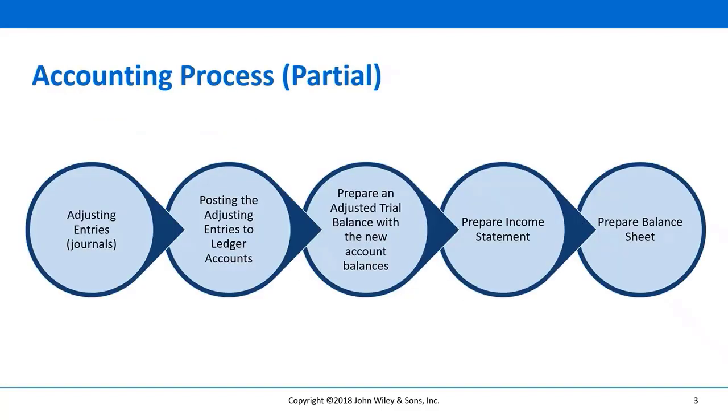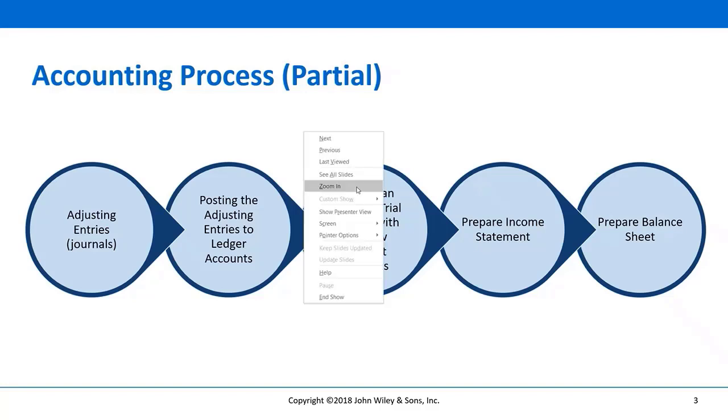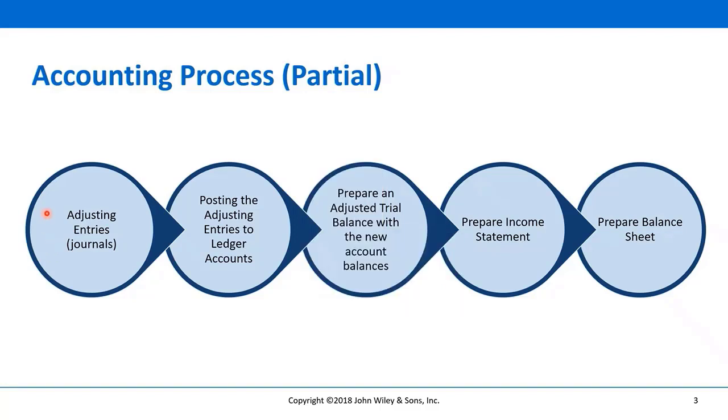So before going to our topic here, first let me tell you that from chapter 3 we have learned about the adjusting entries, or journals, and after that we saw that this adjusting entry journal will be posted to the ledger.